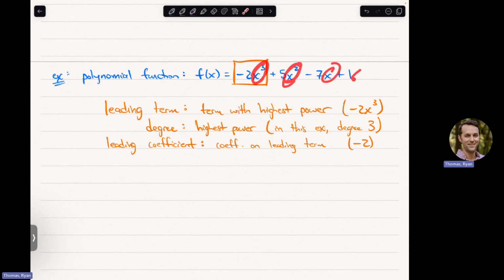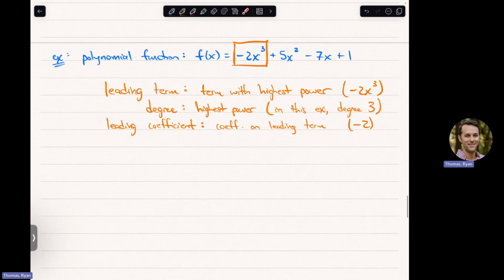Or any of the lower order stuff. So the further out we go, the less and less these matter or contribute to determining the value of the function, and the more and more it starts to look like just whatever this leading term is. That's why it's important. Again, we'll see how that plays out as we get into this stuff in class. Let's do one more example real quick.